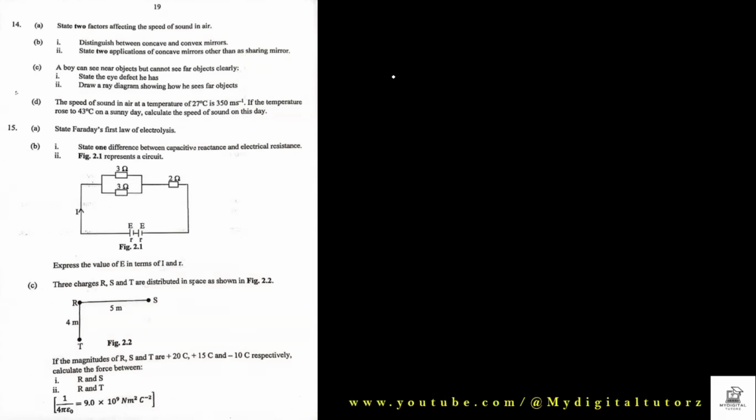So let us redraw the charge distribution here. Solution. So here is the charge distribution. We have this charge, here is R. And another charge, T, the distance from this charge to T is given to be 4 meters.